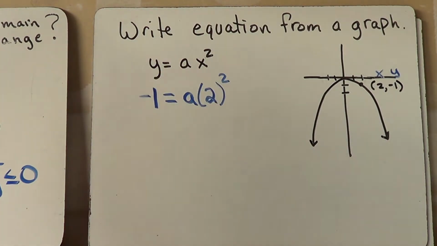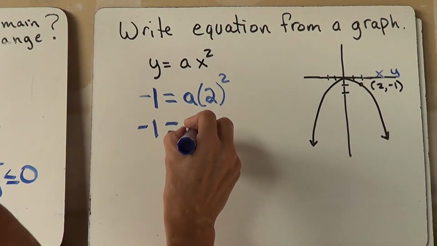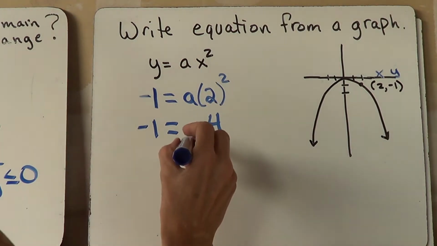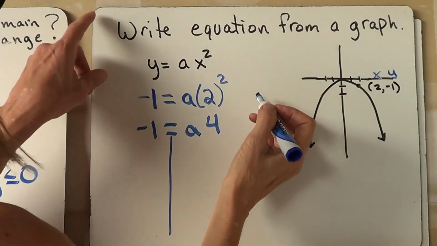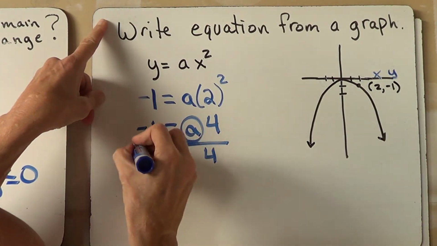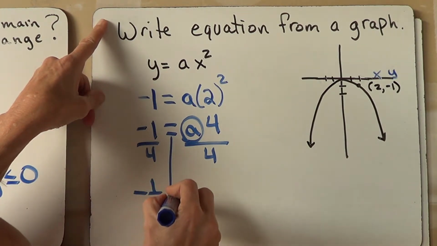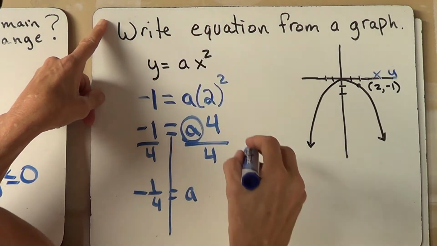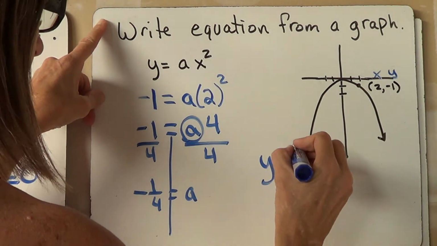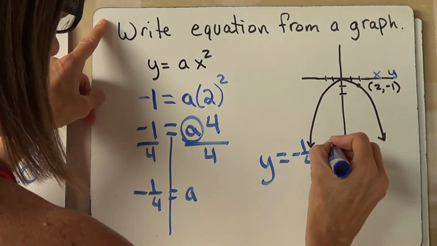We just plug it right into that equation. -1 equals a times 4. Get that a alone, draw your line, circle your creepy dude. He's being multiplied, divide. -1/4 equals a. So now plug it into your equation. You would say the equation for this graph is y equals -1/4 x squared.